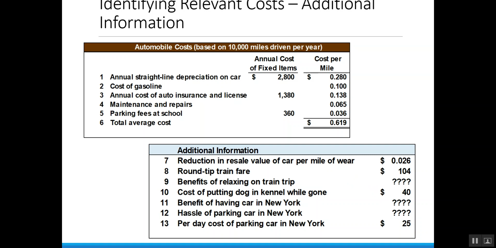There's some cost associated with putting her dog in a kennel while she travels. What is the benefit of having the car in New York? Well, we really don't know that. And what's the hassle of parking the car in New York worth or going to cost you? We don't know that. We know that the per day cost of parking is $25 a day, but some of these are unknown variables.